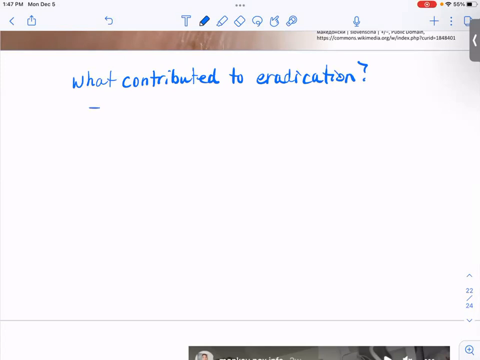But one property of smallpox is that the infection had very little antigenic variation. The variola virus didn't mutate very quickly.